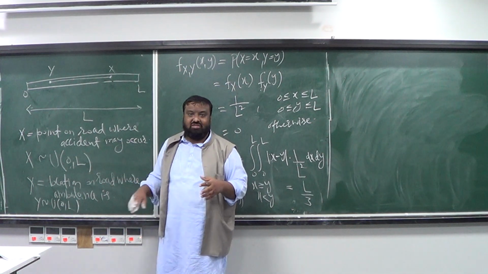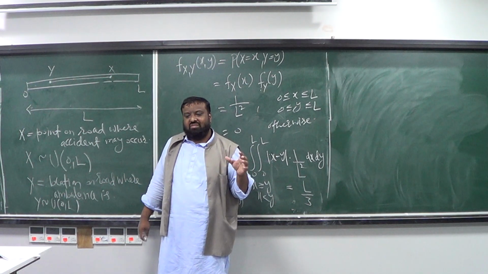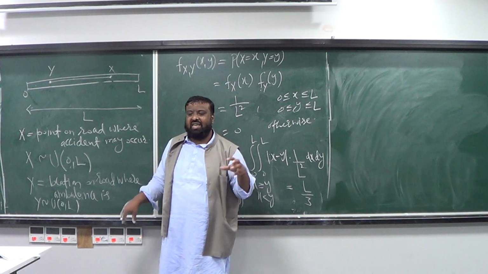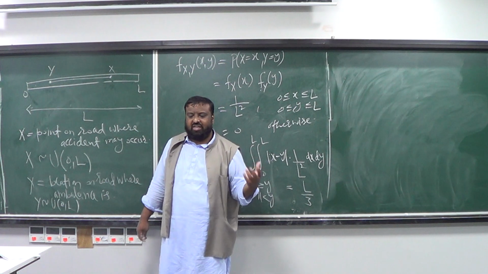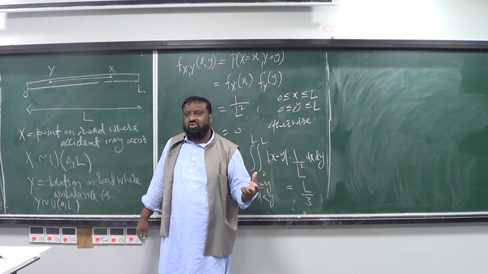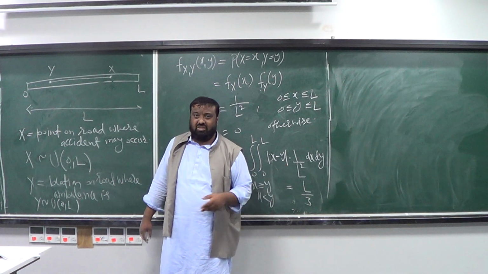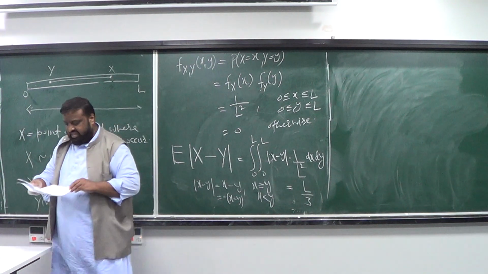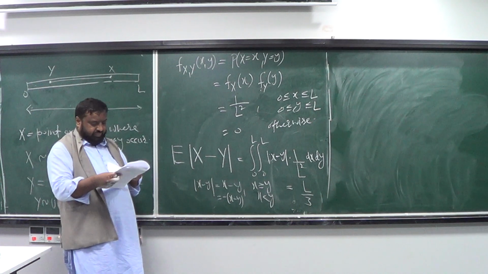If we assume that their locations are uniformly distributed, the average distance between the location of the accident and the police car or the ambulance is going to be 120 divided by 3, which means 40 kilometers, most of the time. So that's a very interesting conclusion that we can get through these concrete numbers.